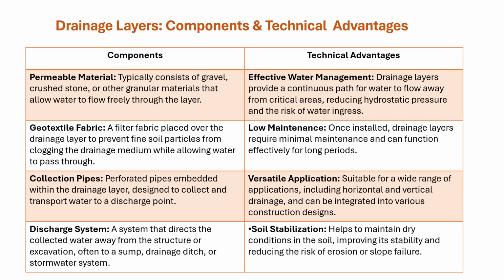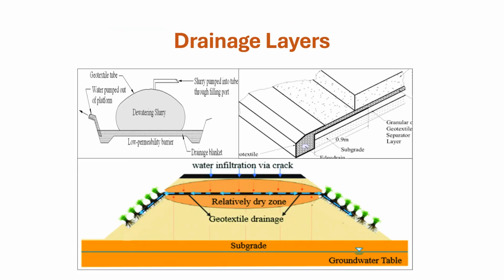The third component is the collection pipes, and finally the discharge system. Drainage layers work as an effective water management system. They need low maintenance, they have versatile applications, and they can help in soil stabilization.